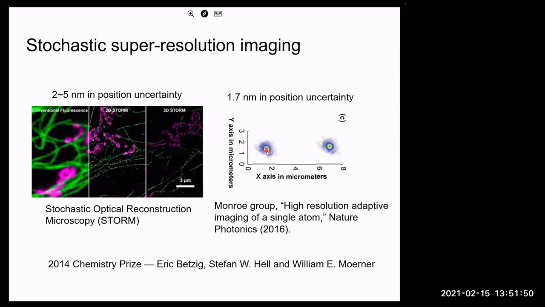However, with a good enough signal, they can determine the central mass to 1.7 nanometers. So they know the location much better than the wavelength, which is about half a micron. And this technique won the Nobel Prize in chemistry, by these 3 physicists a couple years ago.